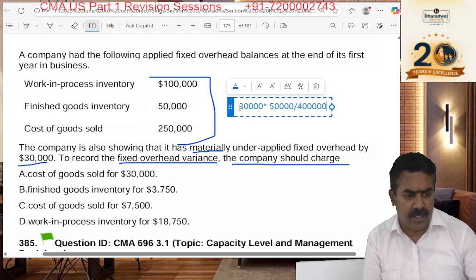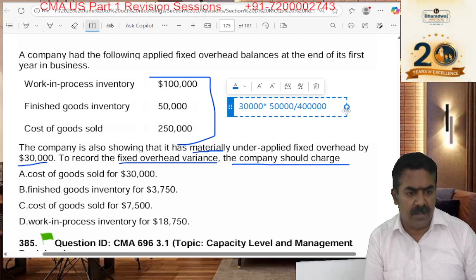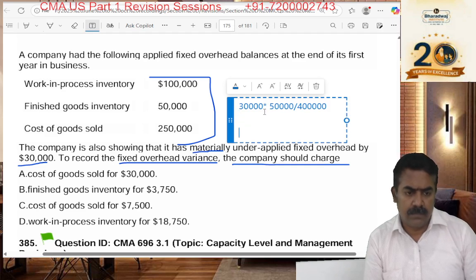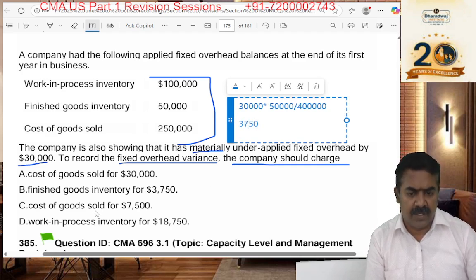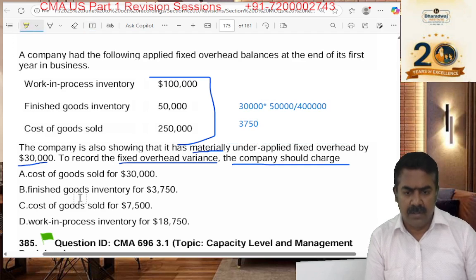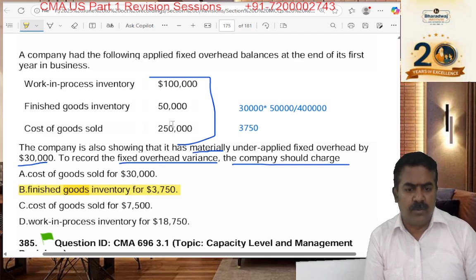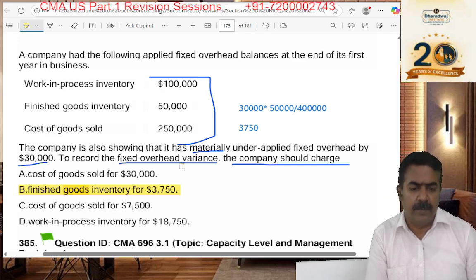What is the proportionate cost that belongs to finished goods inventory? 3,750 will be adjusted with which one? Finished goods inventory. Likewise, 2,50,000 by 4 lakh will be adjusted with cost of goods sold. 1 lakh by 4 lakh will be added to what? WIP.